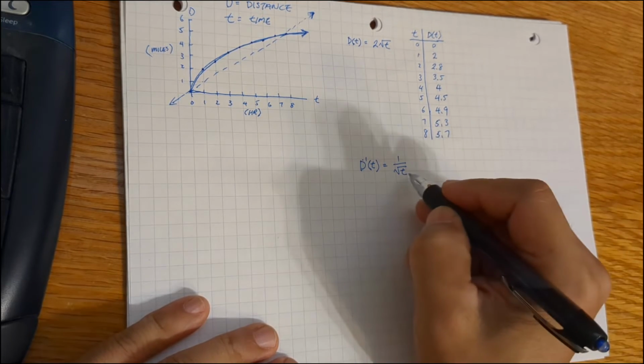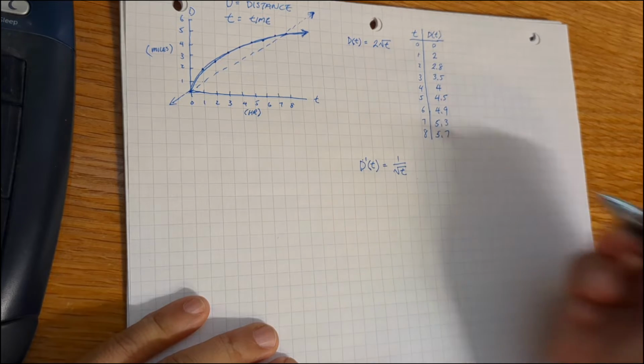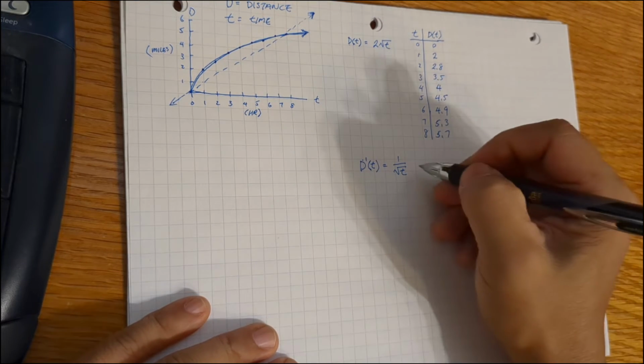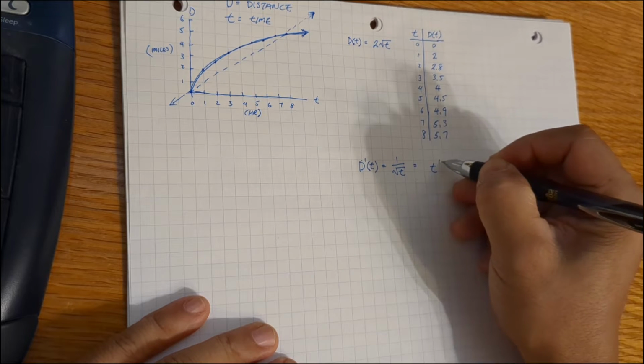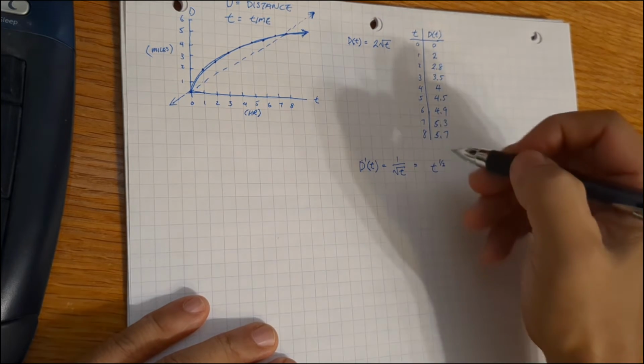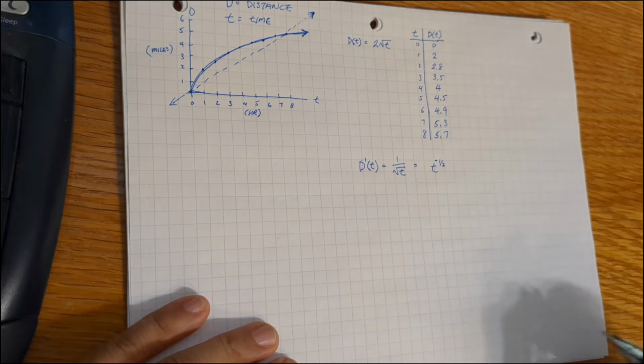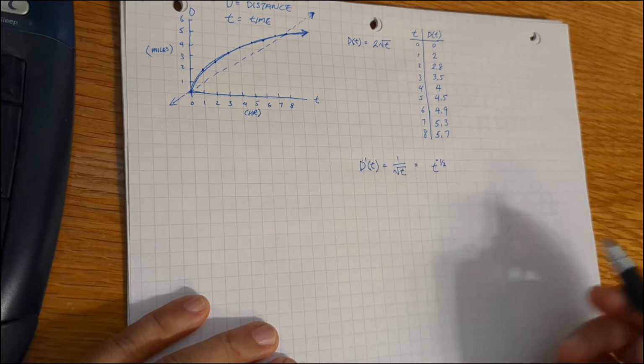So if we differentiate this equation again, if you notice, this is equivalent to t to the negative 1/2, because it's in the denominator.